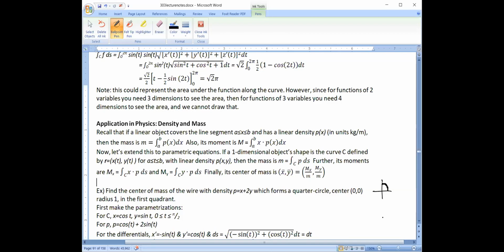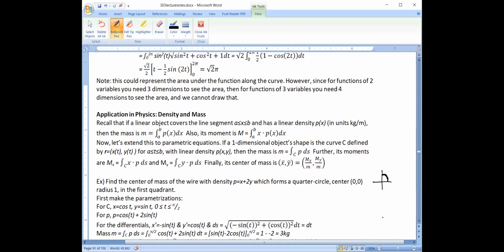So now put that all together in our scalar line integral. The mass is going to be the integral over the curve of p ds. Parameterize the curve, t goes from 0 to pi over 2. Parameterize the function p. We just said it's cos t plus 2 sine t.